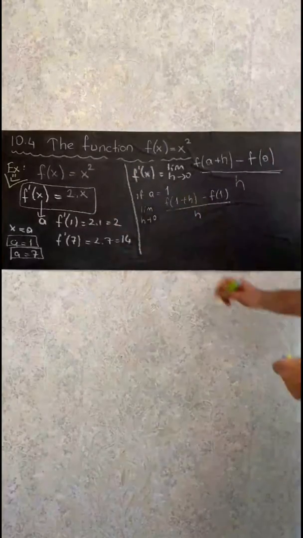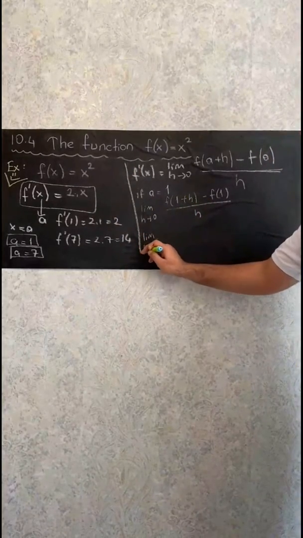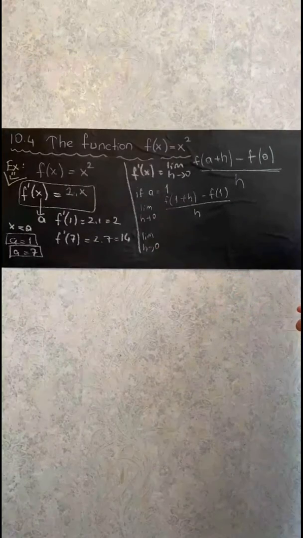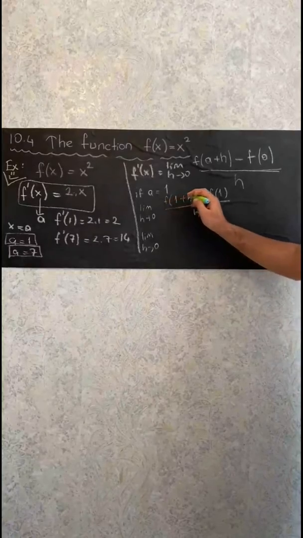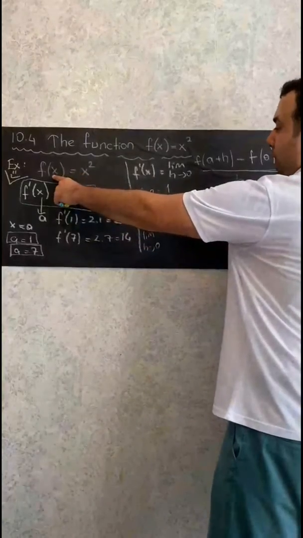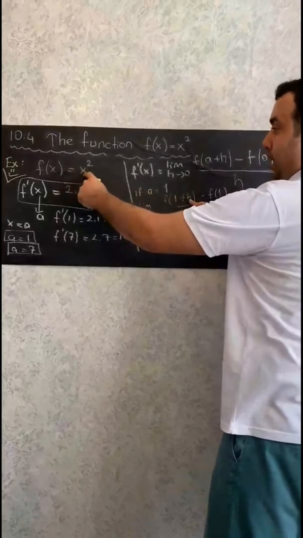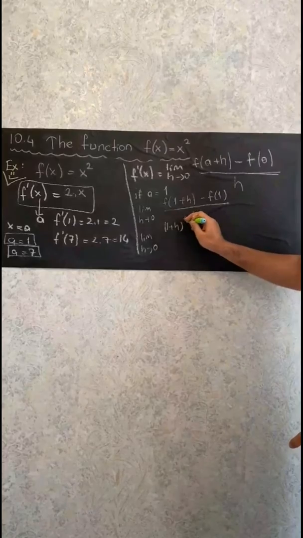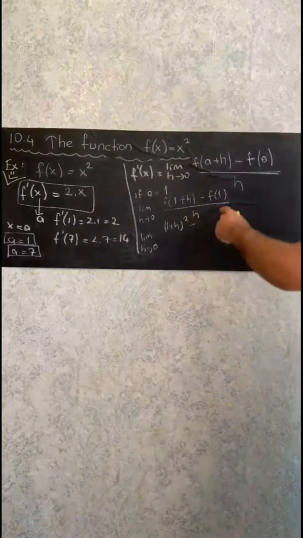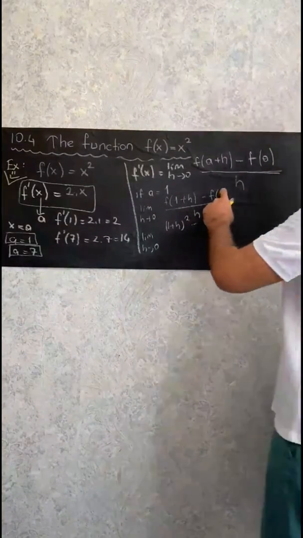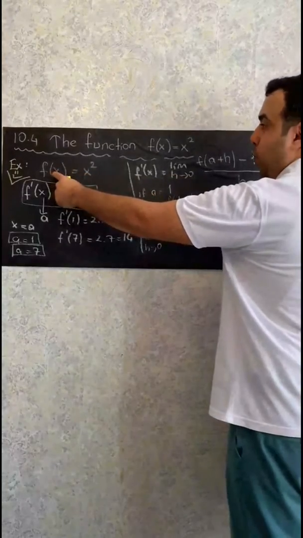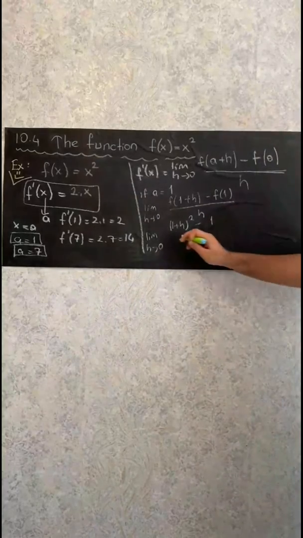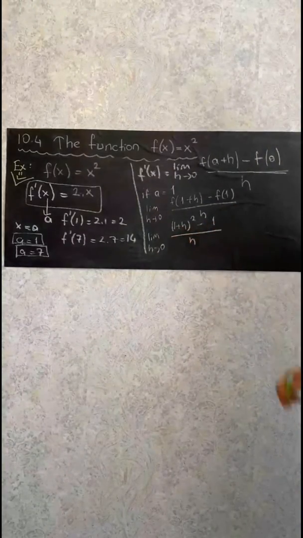So the limit as h approaches 0. f of 1 plus h: instead of x we put 1 plus h, and the answer is 1 plus h squared minus f of 1, which is 1 squared, over h.